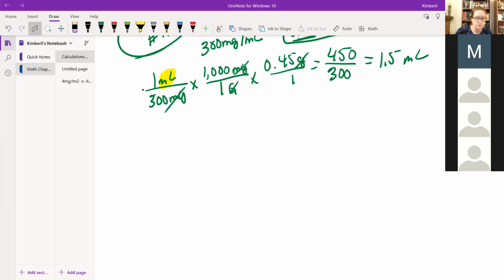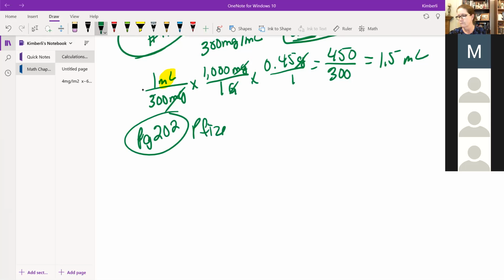So look at this Pfizerpen label on page 202. It gives you choices. If you look down on the right-hand side at the bottom of the label, it tells you what the recommended dosage is.